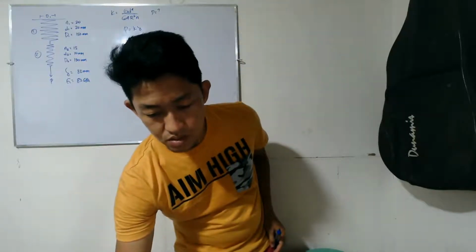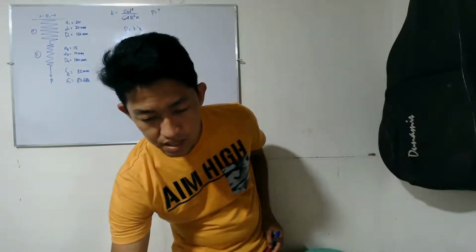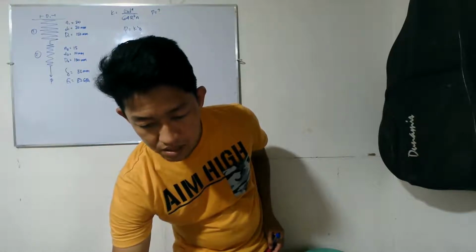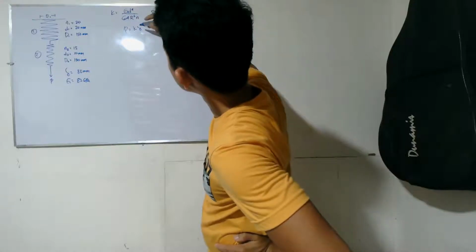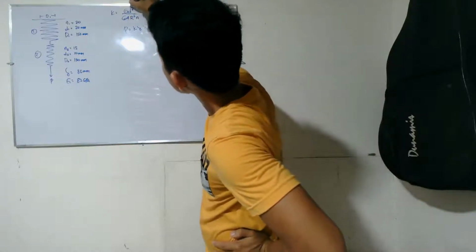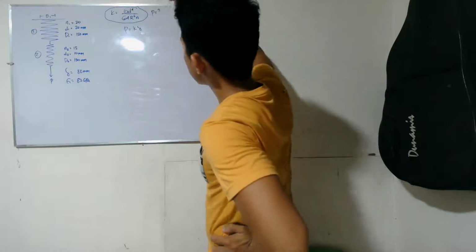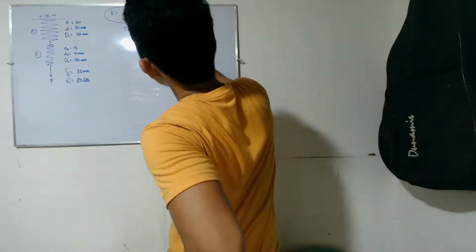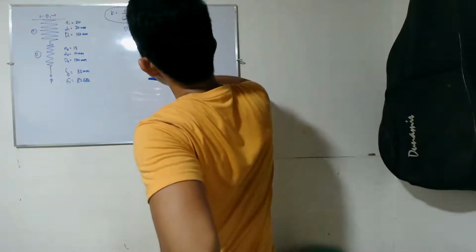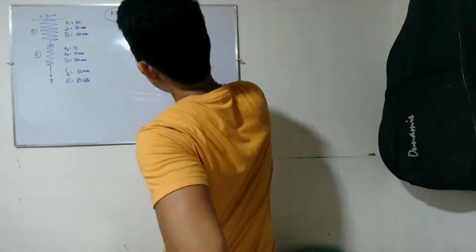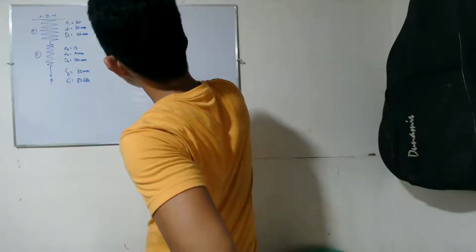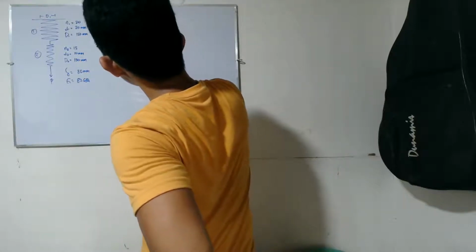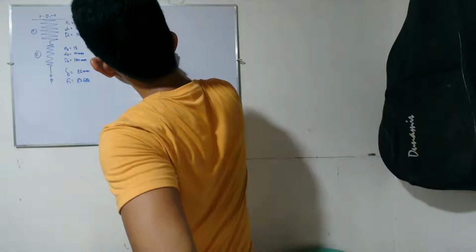So first we find K. To get P, we find the total K. Since they are in series, the total K is 1 over K1 plus 1 over K2.